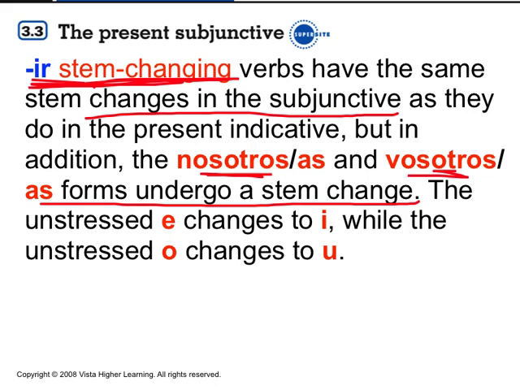So that's the difference. In other words, they will stem change in every single person: yo, tú, él, nosotros, vosotros, ellos. That's the difference between the AR, ER stem changing verbs and the IR stem changing verbs in the present subjunctive. So let's take a look.